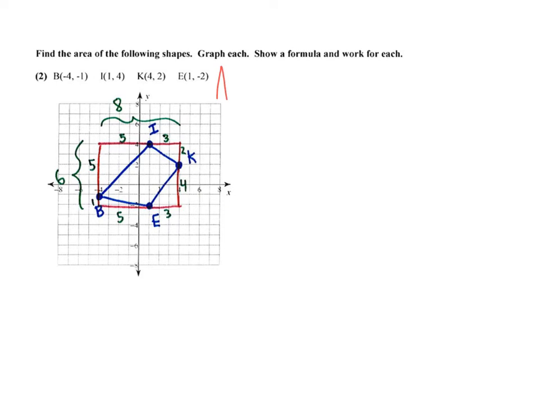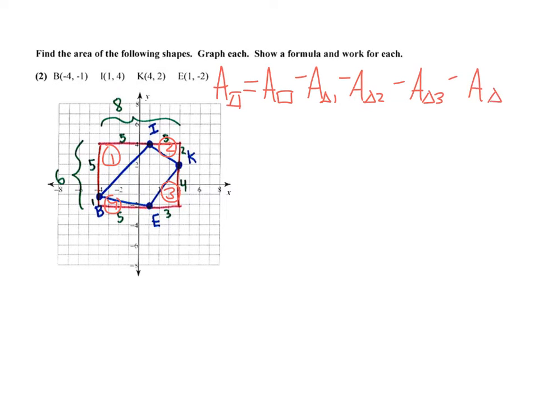So area of quadrilateral BIKE is area of the rectangle minus area of the 4 triangles: 1, 2, 3, 4. Make sure you are labeling each triangle with a number, so 1, 2, 3, and 4. Also in your equation, write them and label them as 1, 2, 3, and 4.